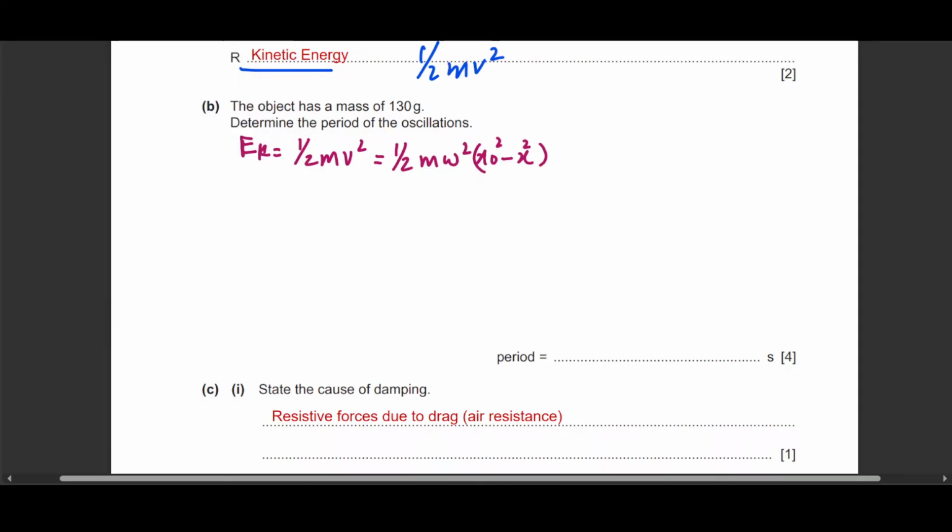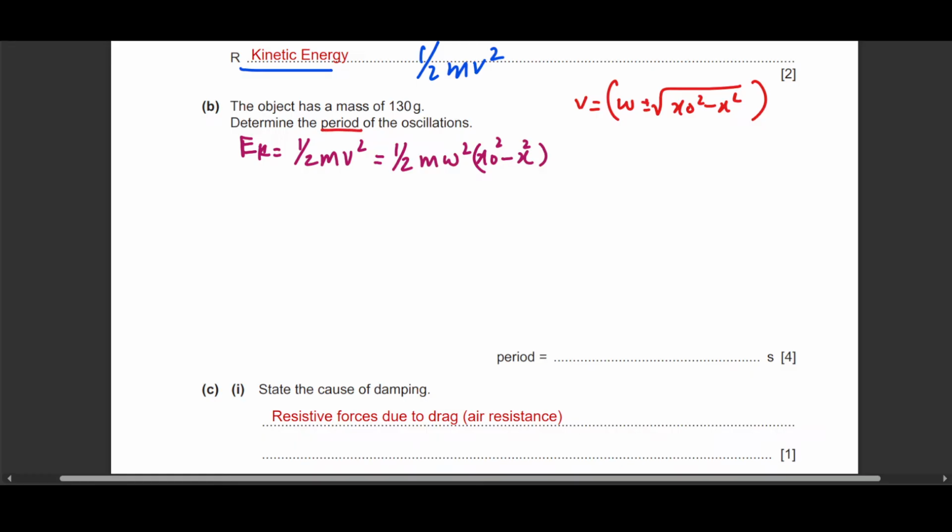So where does this equation come from? Now v, velocity, is actually omega plus minus under root x naught square minus x square. So when you take the square of this to put into this formula, you get rid of the under root, but you put a square over the omega, right? That is where the equation comes from.